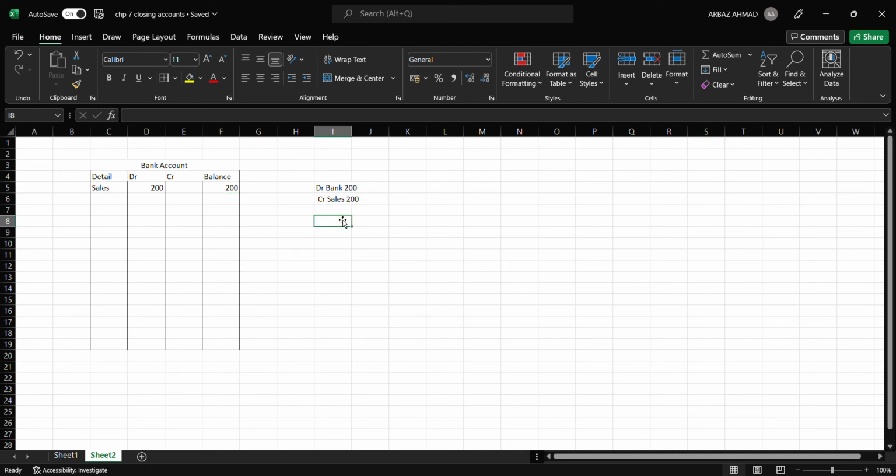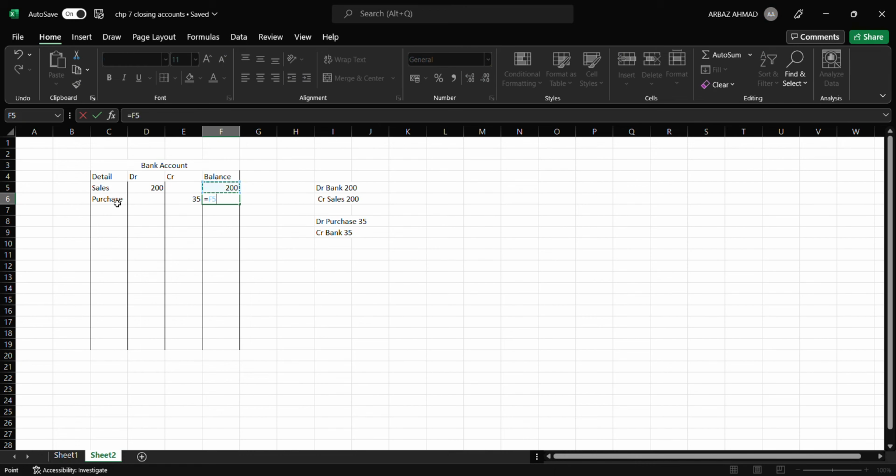Let's say you have another transaction where you debit purchase and you credit bank, let's say 35. So now here you are going to write purchase, and then you credit from the account, and you take the balance, you take this amount, you minus from the credit.